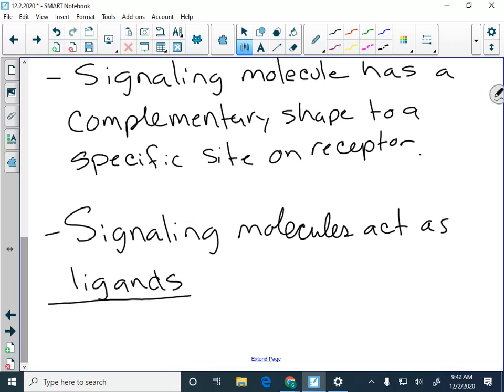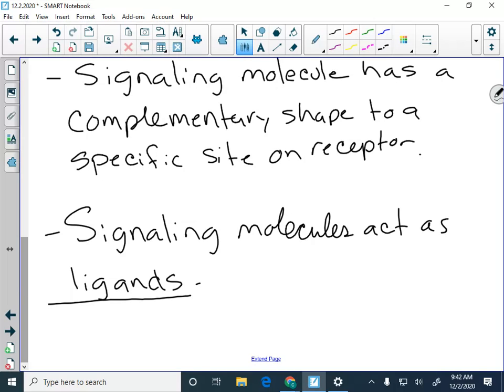A ligand is any molecule that specifically binds to another molecule that is often larger than it, that causes the receptor to change shape. So some of these aren't necessarily signaling. So not all ligands are signaling, but all signaling is because of ligands.